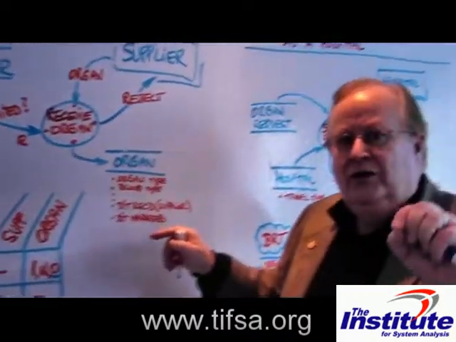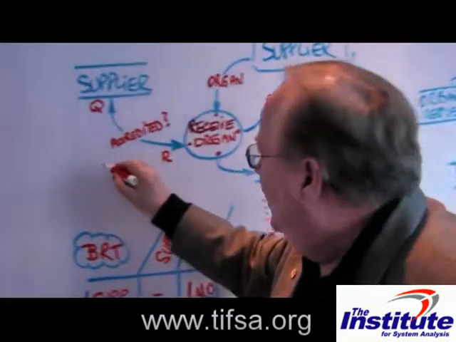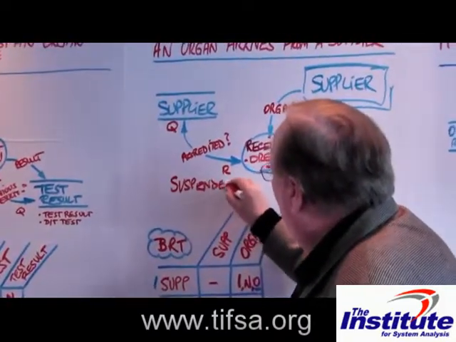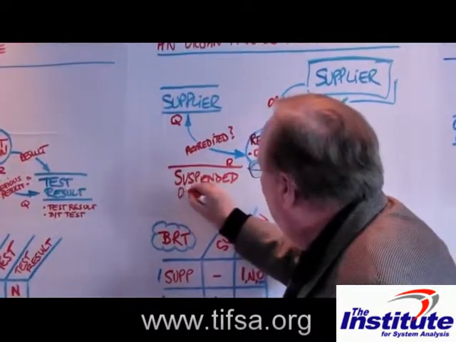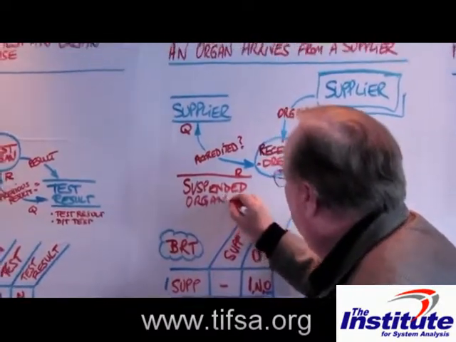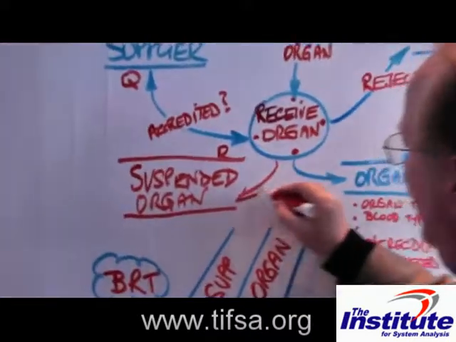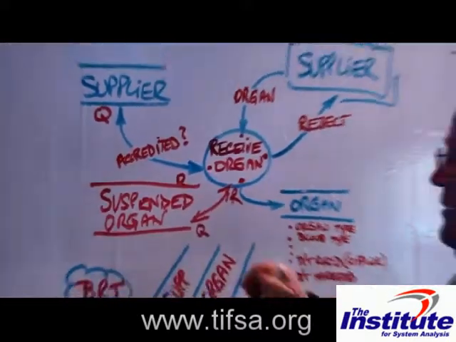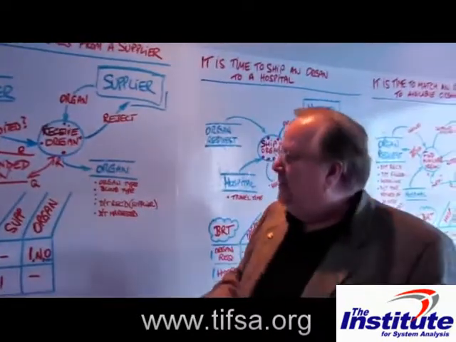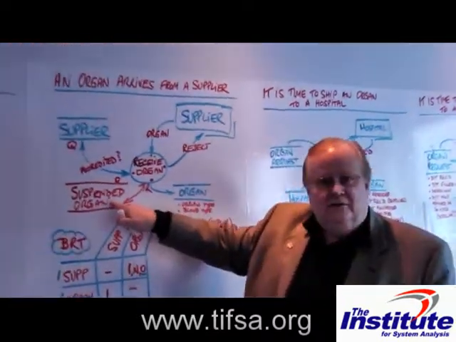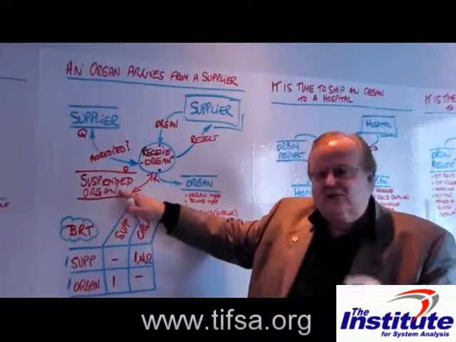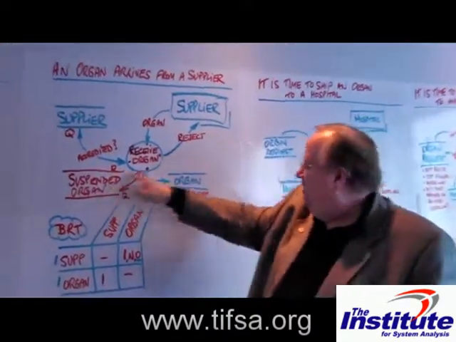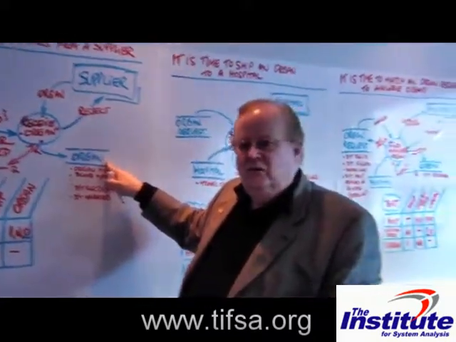But if the organ has been suspended, we're going to add suspended organ here as an object. And we can do a query and a response against that in terms of is it suspended. And if it's suspended, a heart, for example, that's got three strikes against it from that supplier, we reject it and send it back. And if it's not suspended, then we'll accept it into inventory.